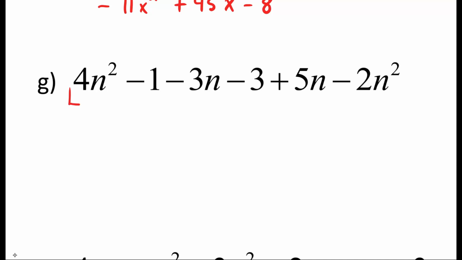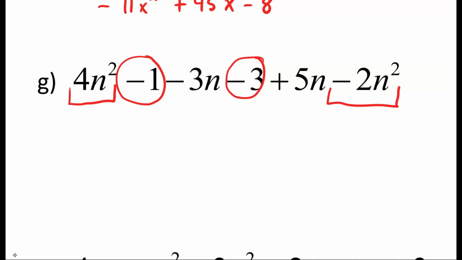So I want to look at 4n squared. I'm looking for any other n squareds, which are going to be negative 2n squared. Then I have my constant, which is negative 1. I'm just going to circle this negative 1. Another constant, negative 3. And then the last one is negative 3n and positive 5n.